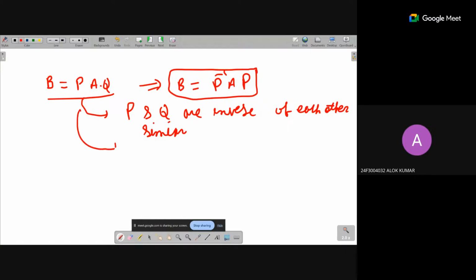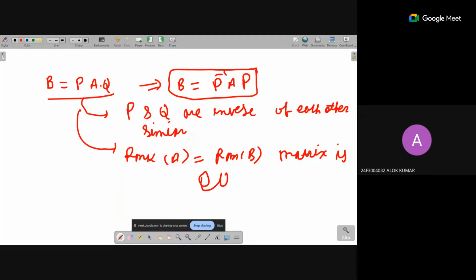And if the rank of A and the rank of B are equal, then we can say that the matrices are equivalent. Simple condition to check.